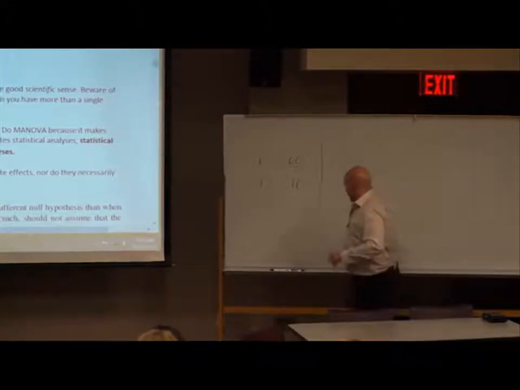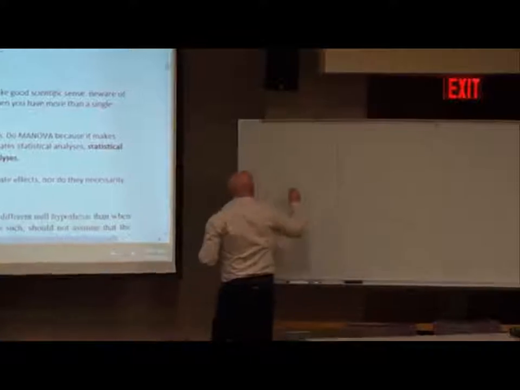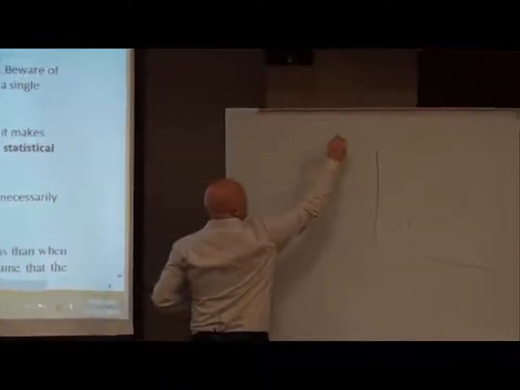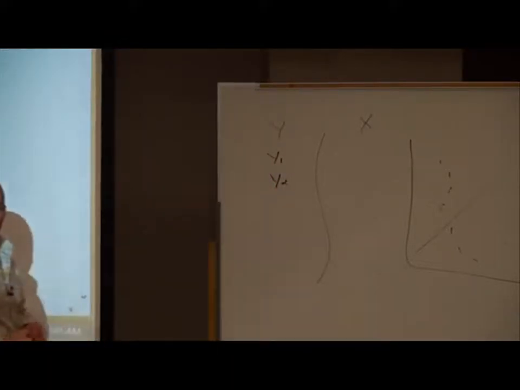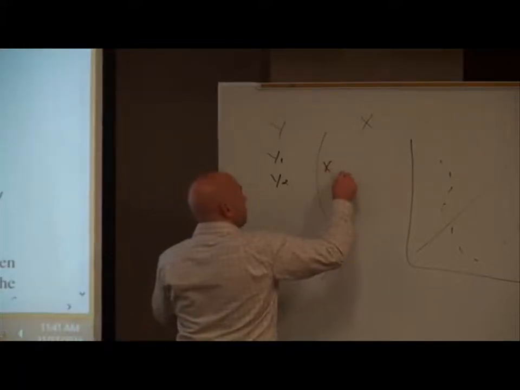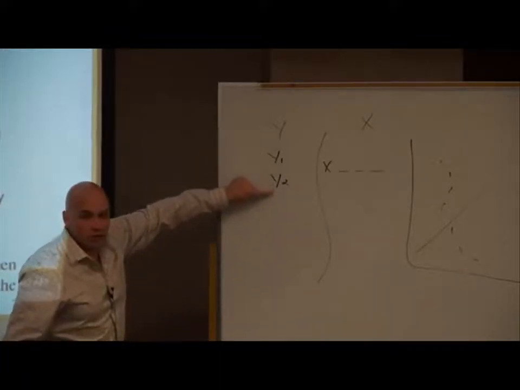So if I draw a function statement up here where I have my y variables here and my x variables here, if I put y1 and y2 in a model, I'm looking at a MANOVA model there. If I have a categorical predictor, so there's my x with, say, 3 levels, what's the justification for doing MANOVA?